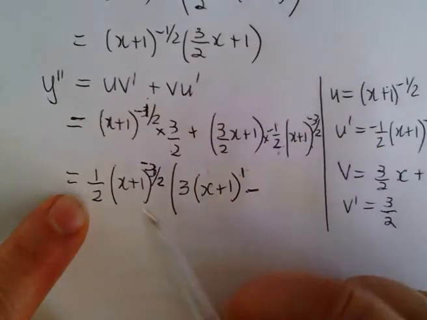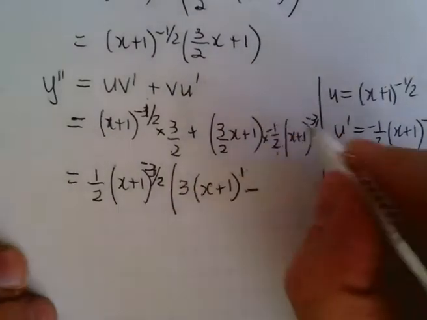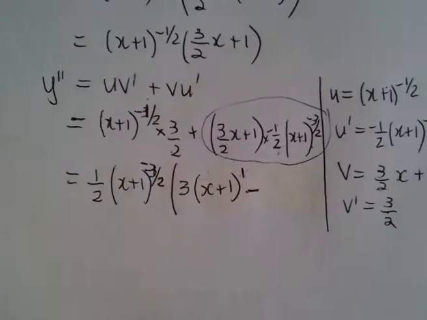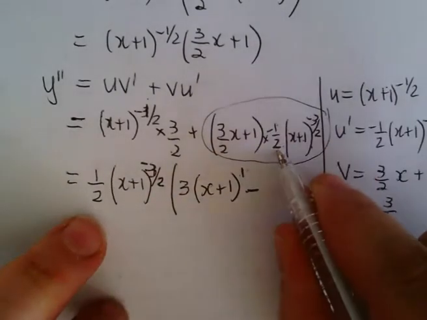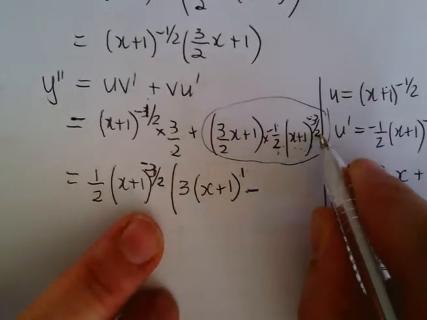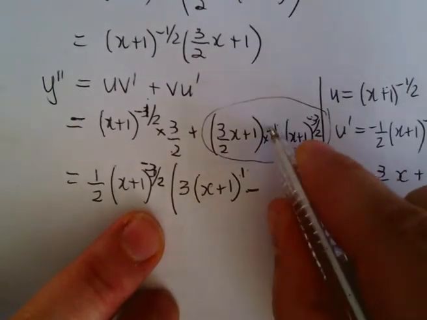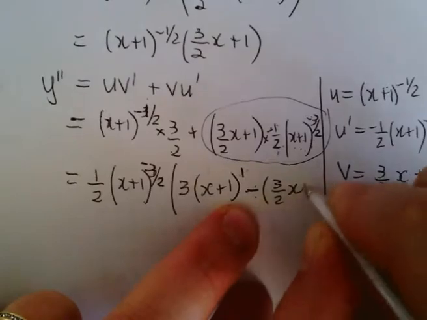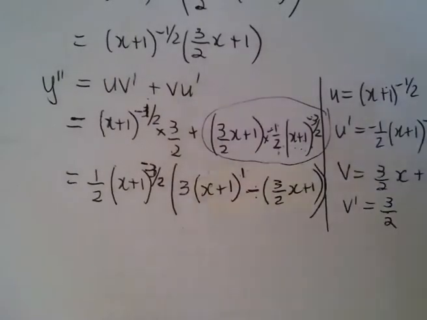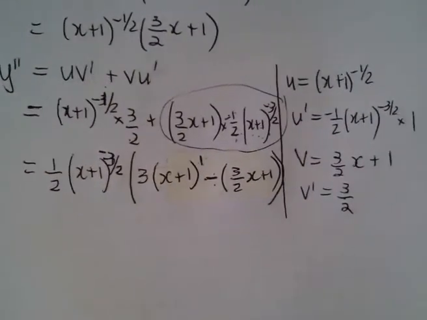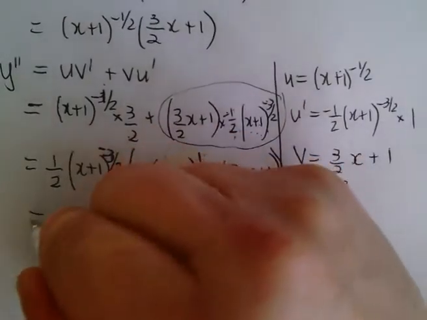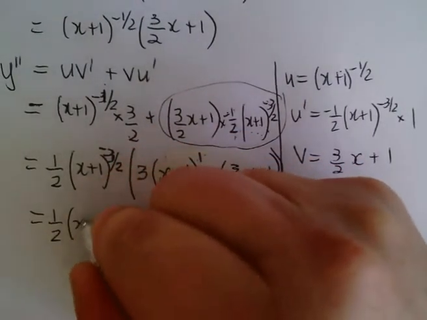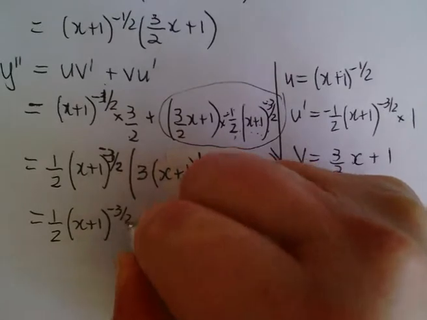And I've got minus, be careful, this is the second term, this whole thing. So I've got the half is already out. The (x plus 1) to the negative 3 on 2 is out. The minus isn't. So I've got minus this 3 on 2x plus 1. So I've got a half (x plus 1) to the negative 3 on 2.